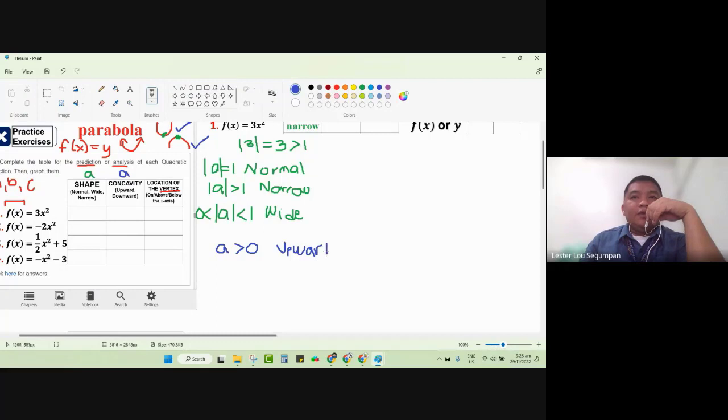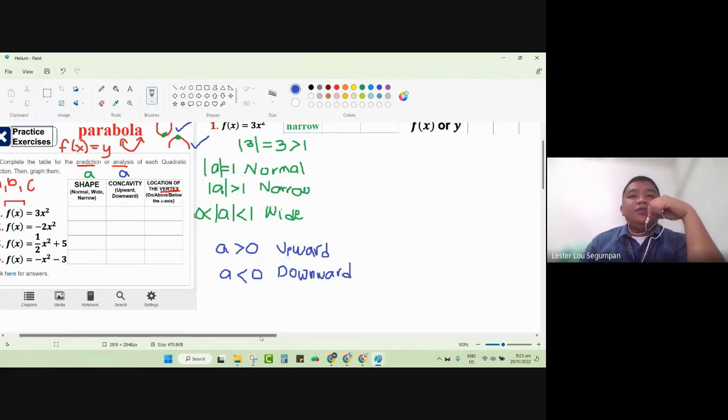Okay. However, if the a coefficient is less than 0, or negative in a sense, take note we are not getting the absolute value anymore, if it's less than 0, that's the time that we could say that our parabola is opening downward.